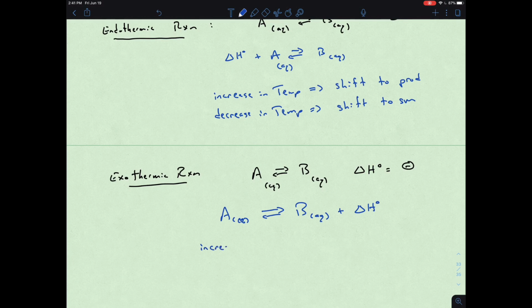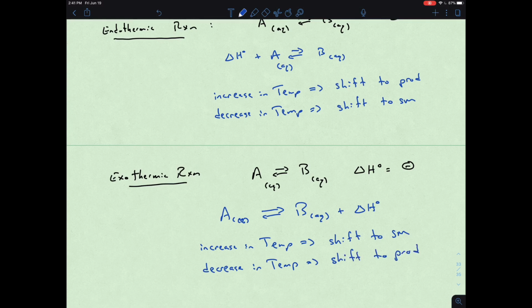So if we increase our temp, now we're increasing the concentration of a product, so we're going to shift to the opposite side or shift to the starting material, while if we decrease our temperature, now that's a decrease in concentration of a product, so we shift to that product side. So that's the nature of temperature and how that affects our equilibrium process.